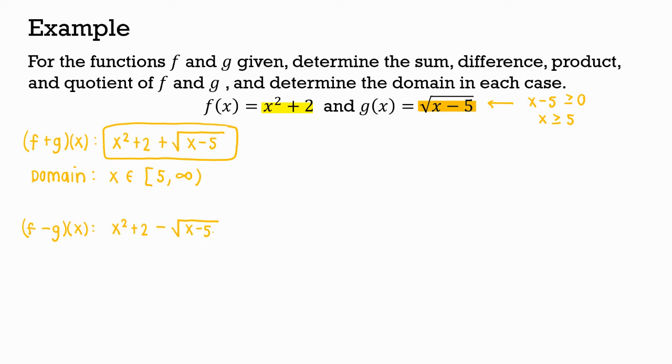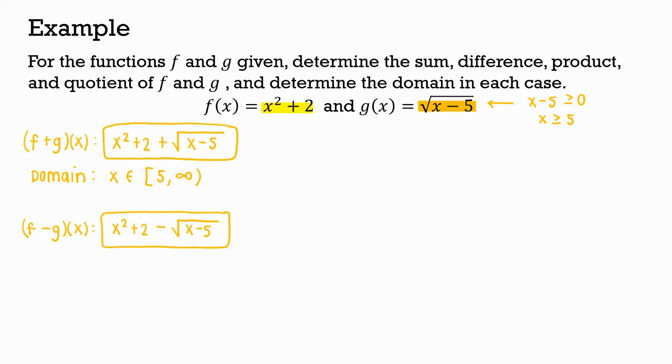Had there been more than one term, we would have had to put that in parentheses, distribute the negative, and then start combining like terms. But in this case, we didn't need the parentheses because there was only one thing that we were subtracting. Similar to the sum, there's nothing that I can combine like terms-wise, so this would be the difference.